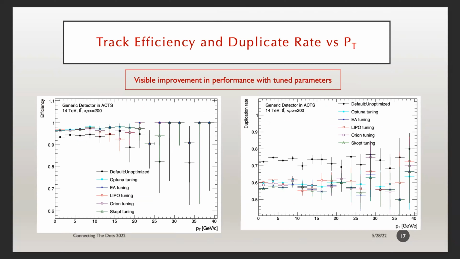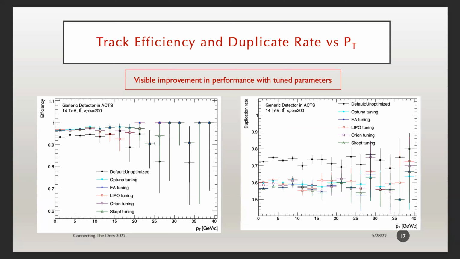But be careful, this is the ACTS prototype. This is not what ATLAS usually shows as ITK tracking performance. This is in the ACTS framework, and it is using the current ACTS tracking prototype tunings, and on that one, it's making good progress. One has to put this in perspective.